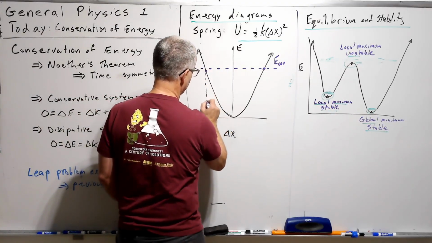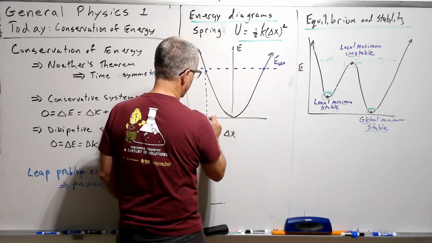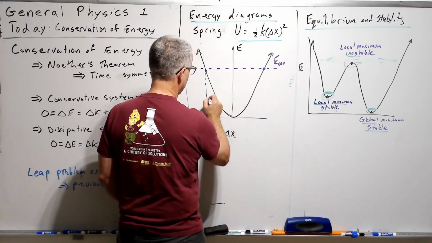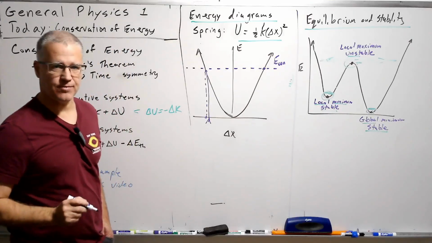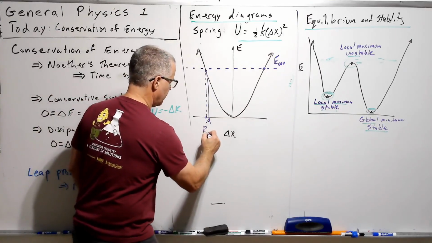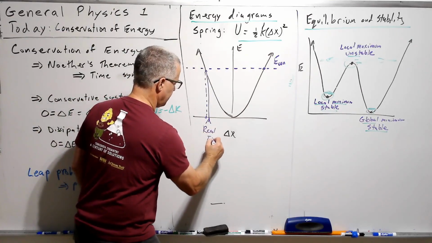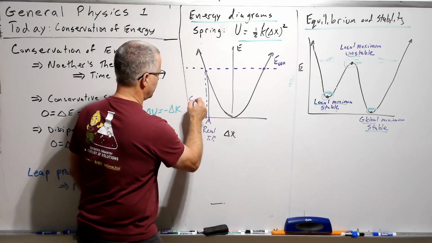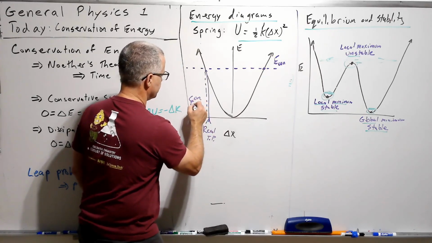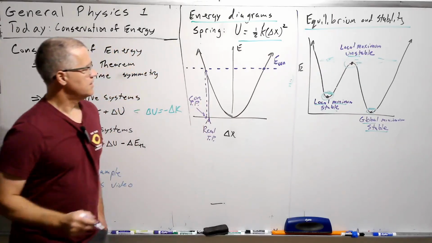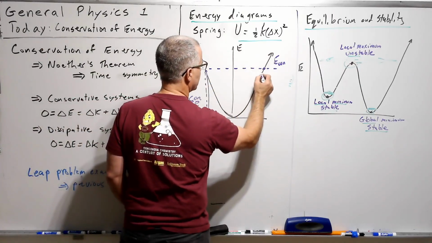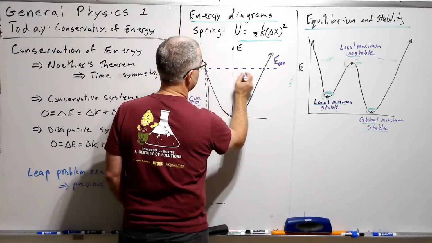So if this is the conservative turning point, it's actually going to turn right here. That will be the real turning point. And likewise, back here, it'll be a little less.